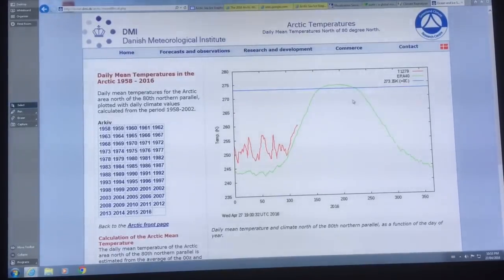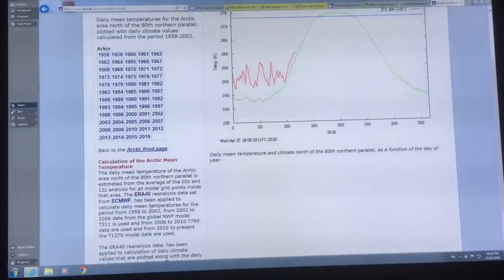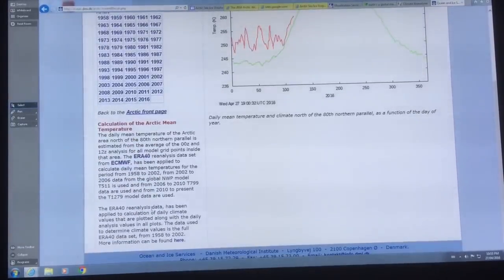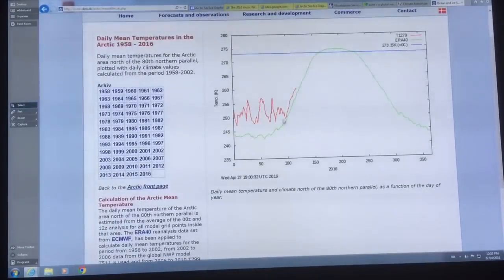The ERA-40 curve is the mean temperatures for the period from 1958 to 2002, using the ERA-40 data set from the European Centre for Medium-Range Weather Forecasts. So this is the mean, and this is what we're seeing in 2016.